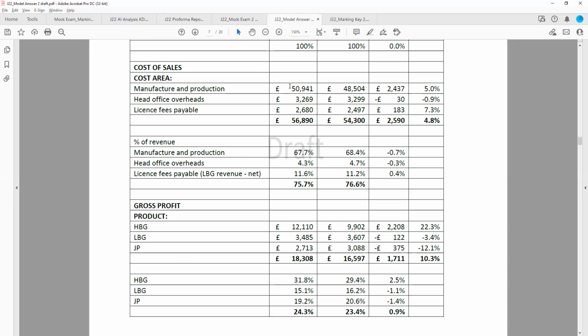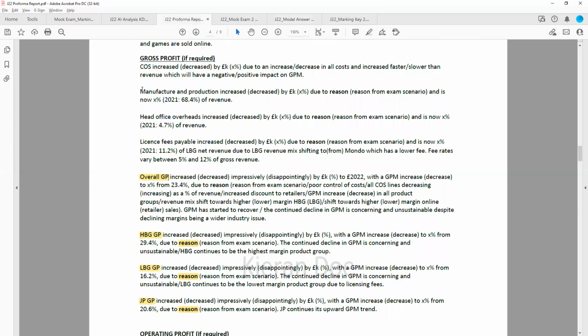Then I'd probably be tempted to still comment on manufacture and production because it's the biggest cost. We can see it has declined as a percentage of revenue, so that's definitely feeding into the gross profit improvement. So you have to think quite carefully, but I think in this exam it's nice to comment on this. I would have commented on overall cost of sales, absolutely, because the requirement specifically said cost of sales.